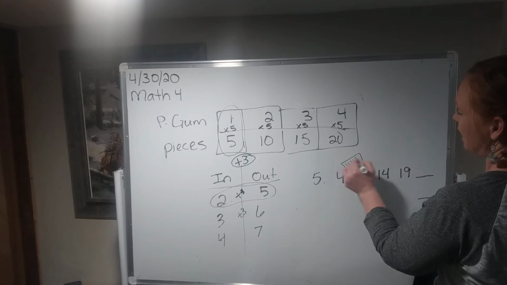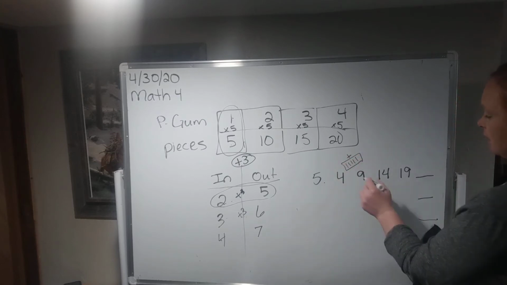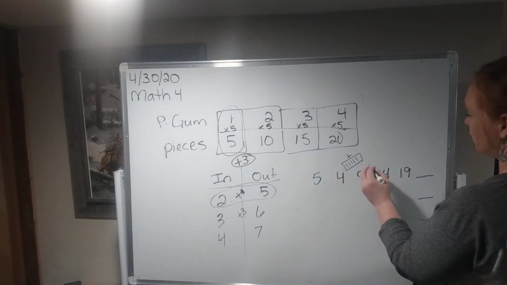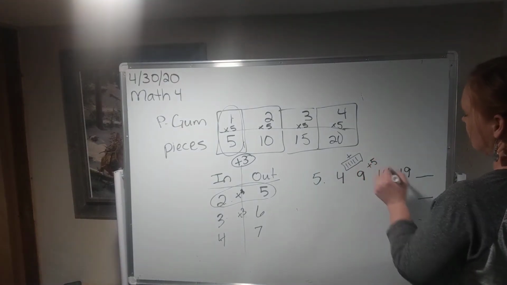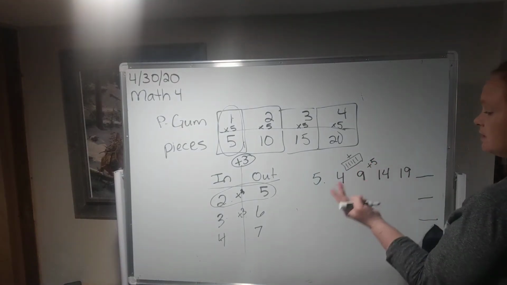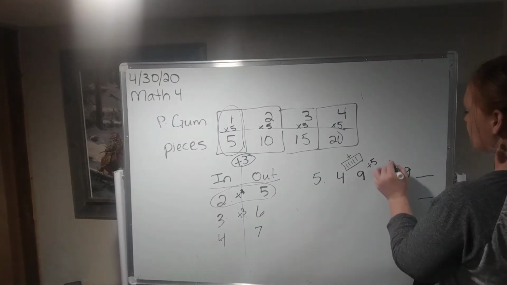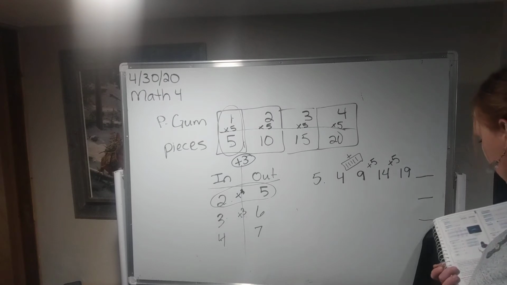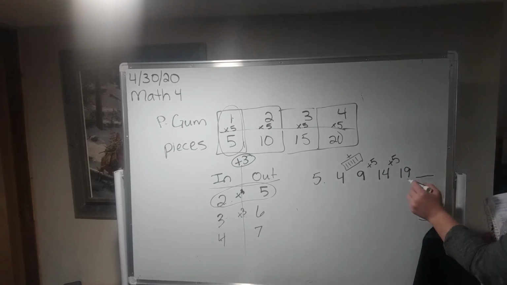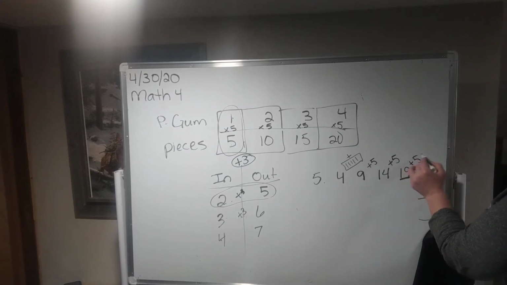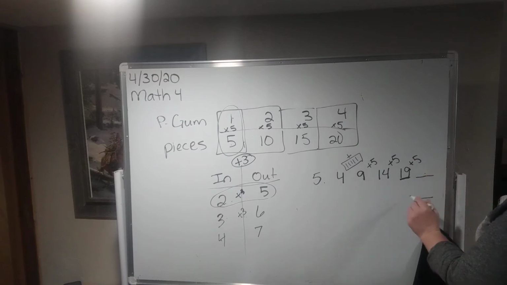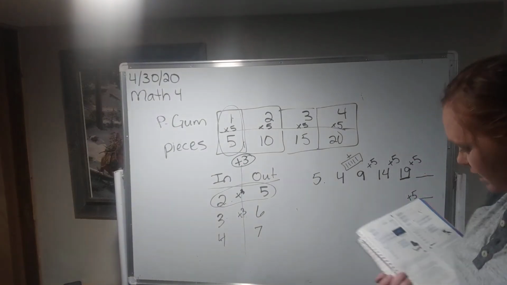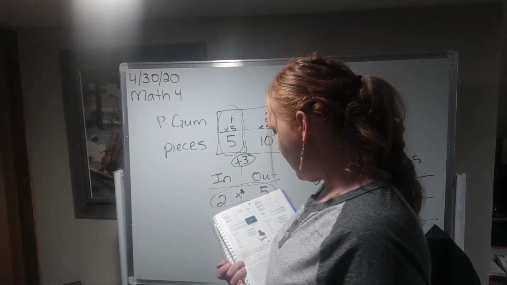So did they add 5 every time? Well, let's look. 9, 10, 11, 12, 13, 14. Well, it works there. 14, 15, 16, 17, 18, 19, plus 5. Okay, so they were adding 5 every time. So you need to do 19 plus 5 to get this number. And then do this number plus 5 to get this number. It's like skip counting by 5s there.